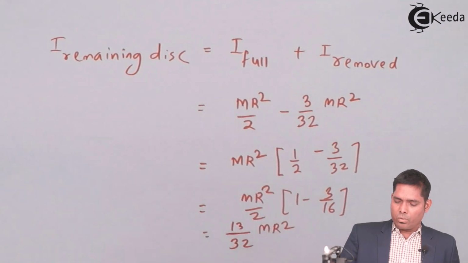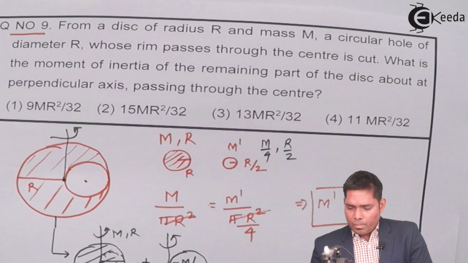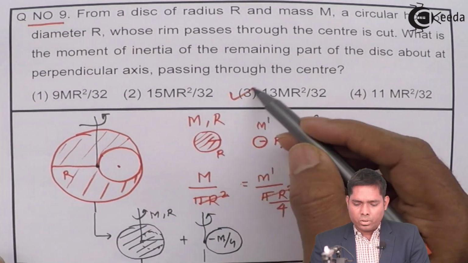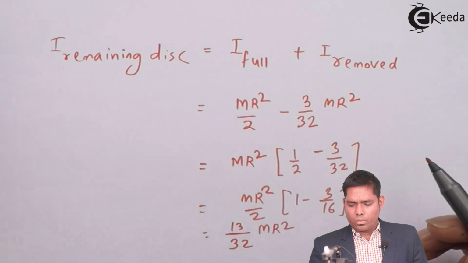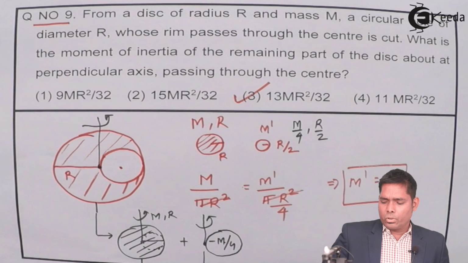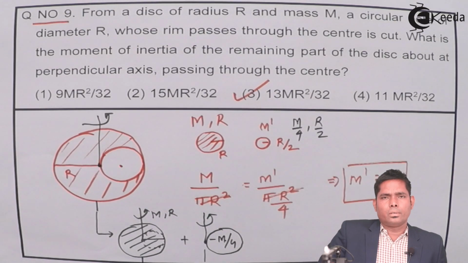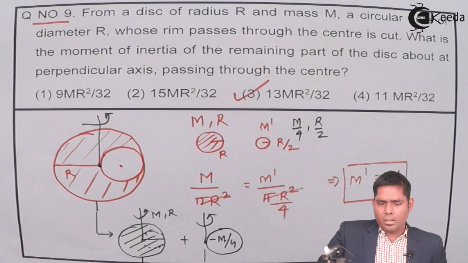So 13 over 32 m r square, so option number 3 is correct, 13 over 32 m r square. So option number 3 is the right answer to this question. Okay, thank you.